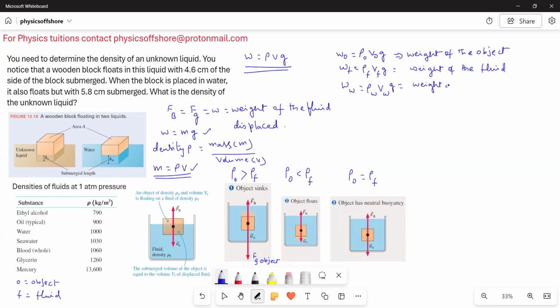Weight of the water displaced by the object. Here also it is the same, fluid displaced by the object. Now Fb is equal to Fg, or W, the weight of the fluid displaced by the object.